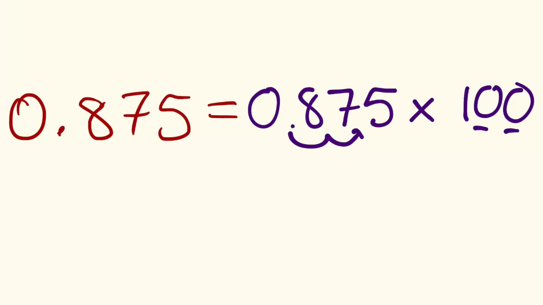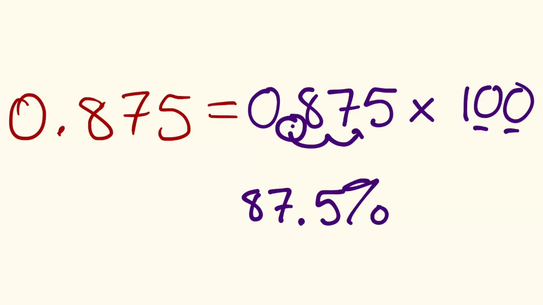Now it's possible that you don't really understand what it means to be moving this over 2 zeros. Maybe you haven't converted measurements yet, but it's a cool little trick for you to know. So instead of having our decimal over here, our decimal is actually going to end up being between the 7 and the 5. And that's okay. You can have an 87.5%. No worries. And we'll stop there for this one.